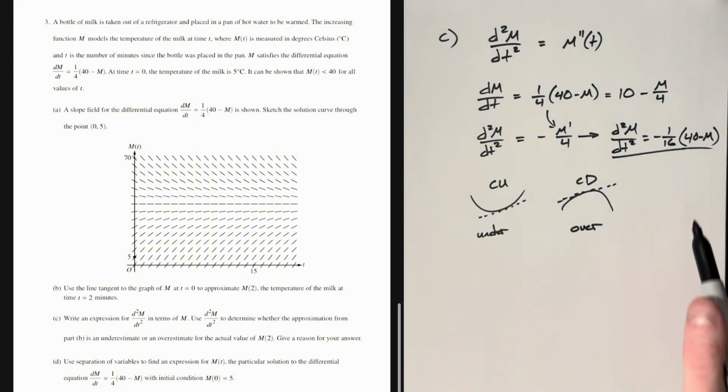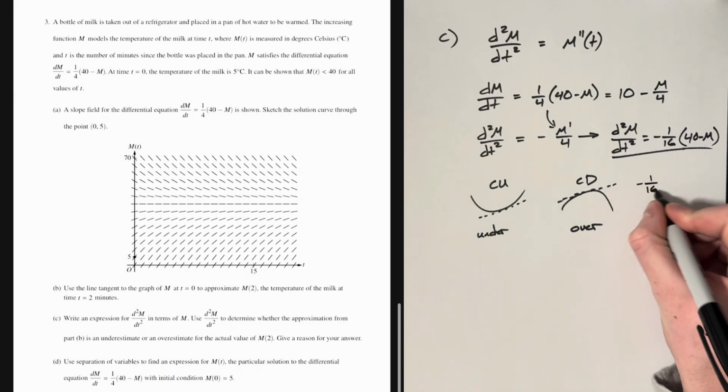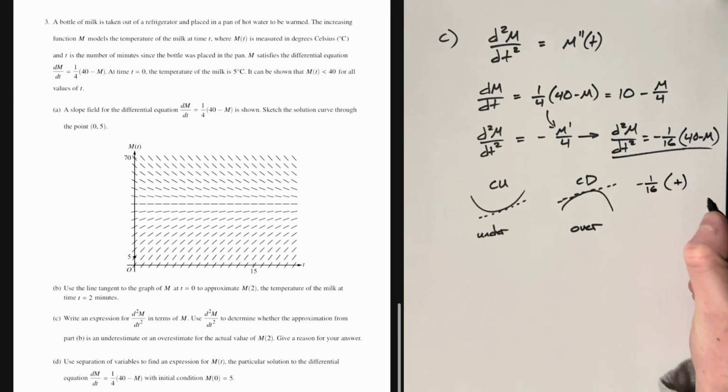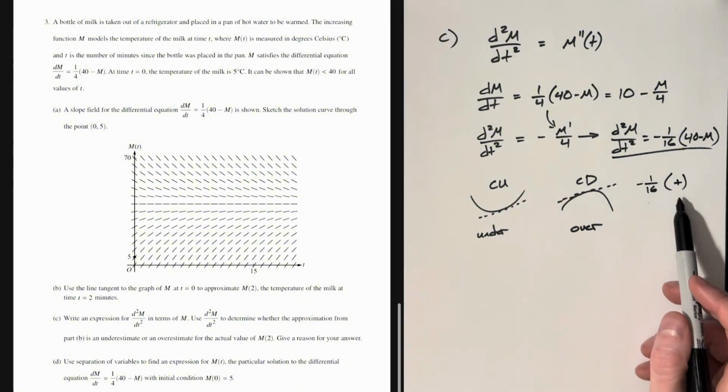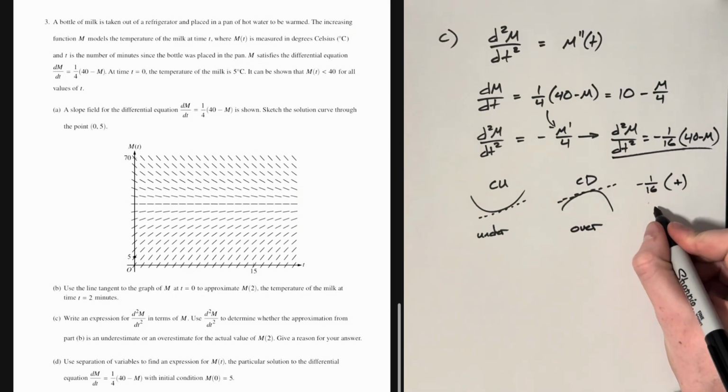Now, if that's the case, then 40 minus m is always equal to some positive value, right? Who knows what it is, but it's positive. When I multiply a negative and a positive number together, I get a negative number.